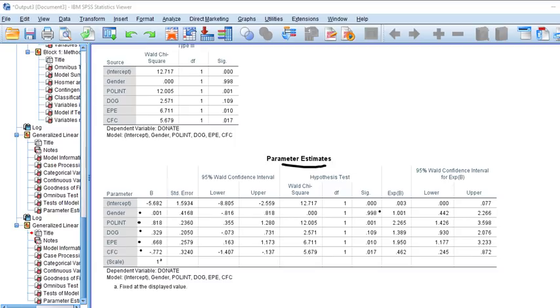So gender is not really contributing to the model. When we look at political interest, there's a positive predictive relationship, and it's statistically significant. Dogmatism was not significant after we control for all the other predictor variables. External political efficacy, though, was significant.